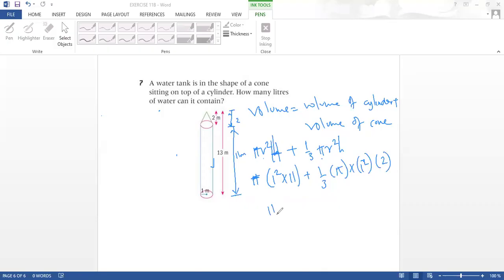So this one will give you 11 pi plus this one is 2/3 pi. Add these two and you'll surely get 36.7 cubic centimeters.